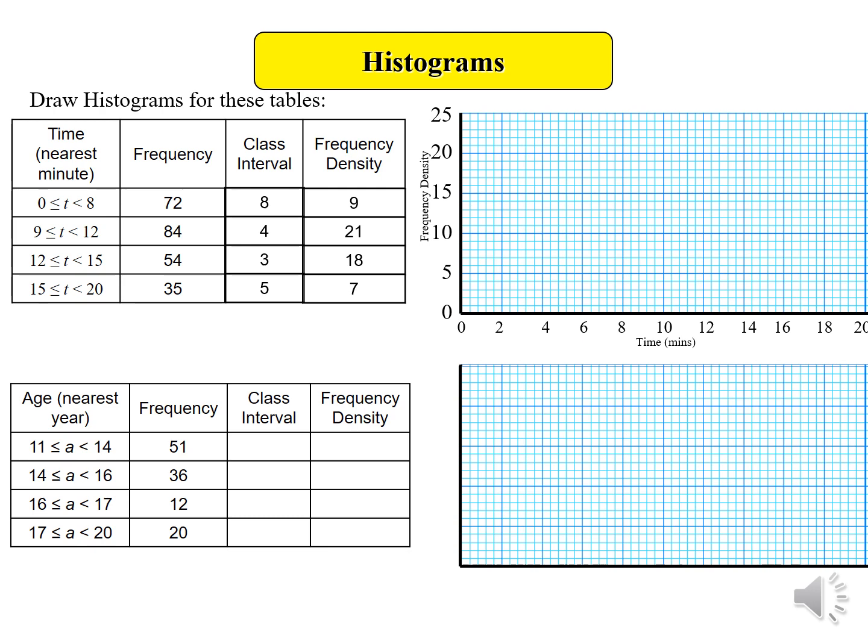Again the same histogram has to be defined. On the x-axis we have to define time, on the y-axis frequency density, and all the bars have to be made with the proportionate height of frequency density like this.